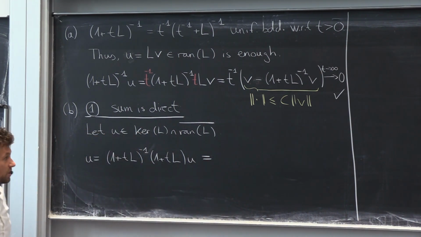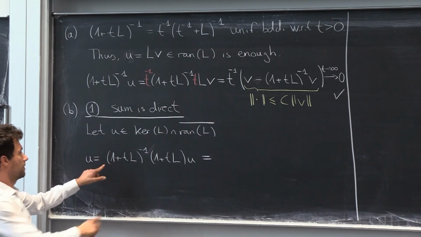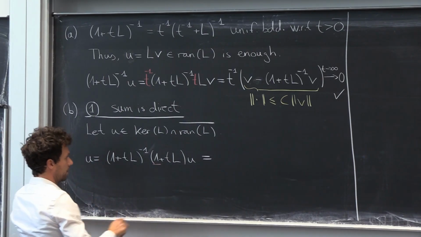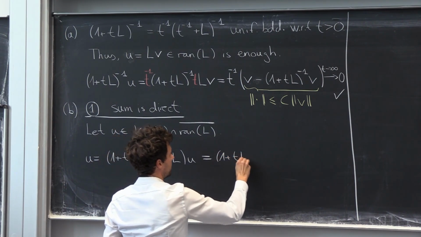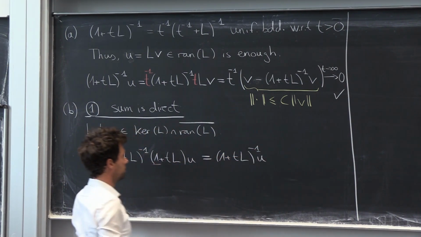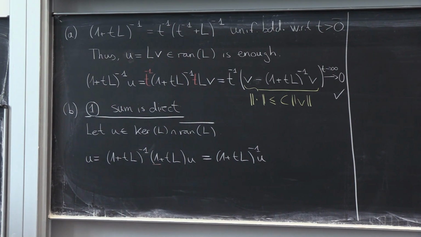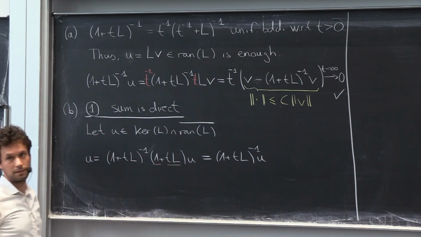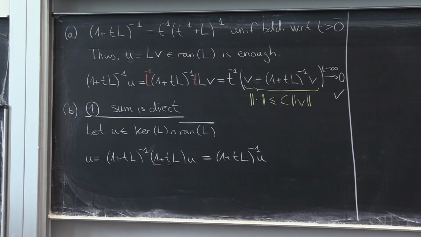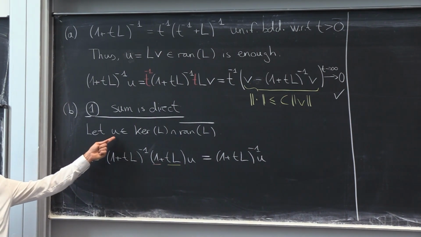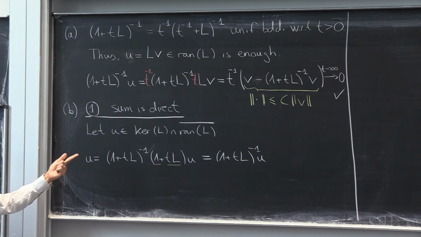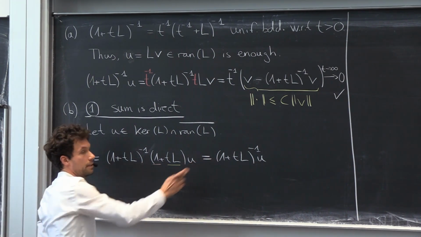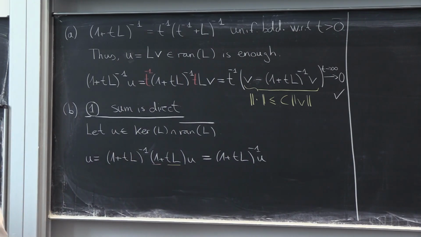But now when I start expanding these things, from expanding the first guys, I'm getting 1 plus TL to the minus 1 applied to U. And then from expanding the other guy, before doing anything else, I'm going to apply the operator L to U. And because U is in the kernel, that gives me 0. And then I don't have to care about what I get next. Okay, so it's already done here, the equality.